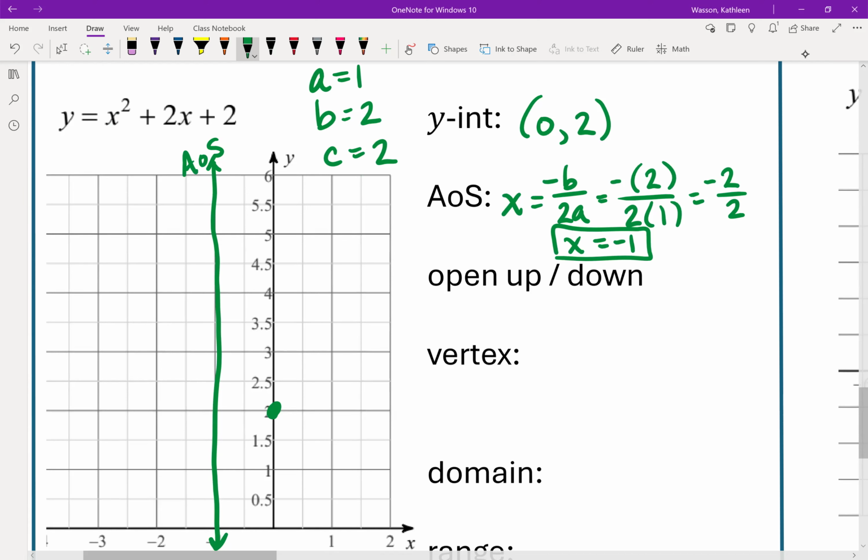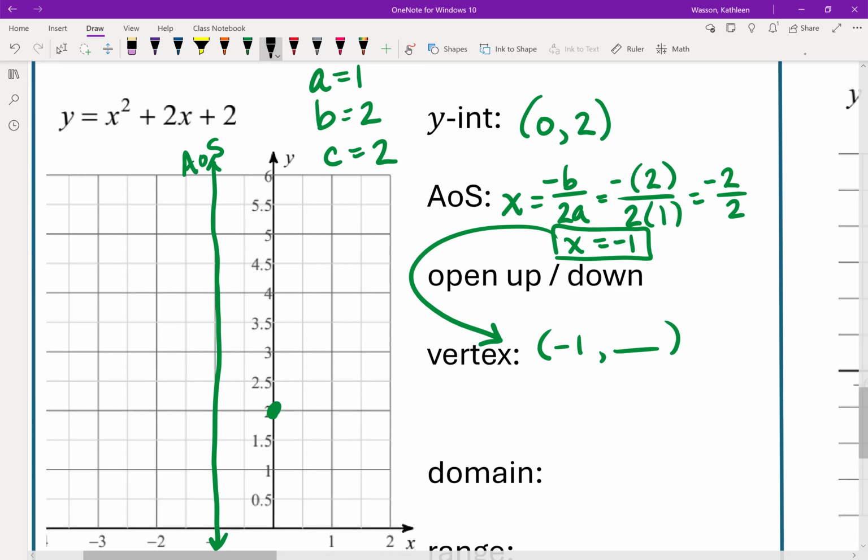Since a is a positive number, my graph opens up. We'll continue graphing, and then we'll be able to answer this as well from looking at a picture. I calculated the axis of symmetry. My vertex is on this axis of symmetry, so for my vertex, I know that x is -1. I just don't know what the y is when x is -1.